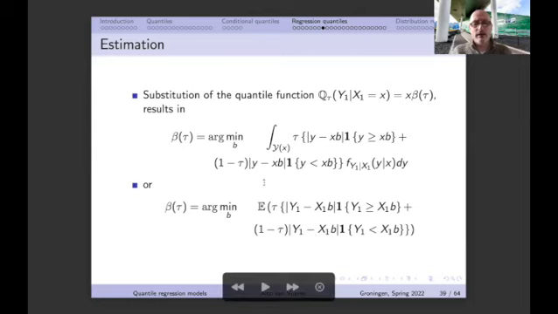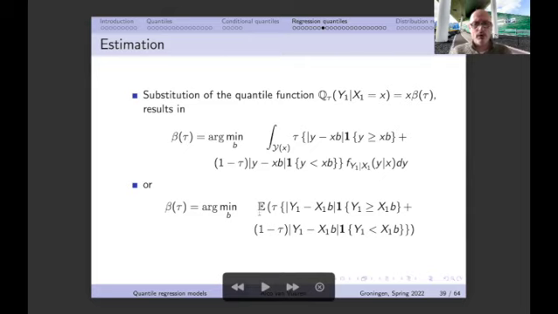Well, this is very nice, the way I've written it over here. The reason behind that is that, at least theoretically, if we know this mean for any b that we have over there, then we can minimize this and get the beta tau coefficients.